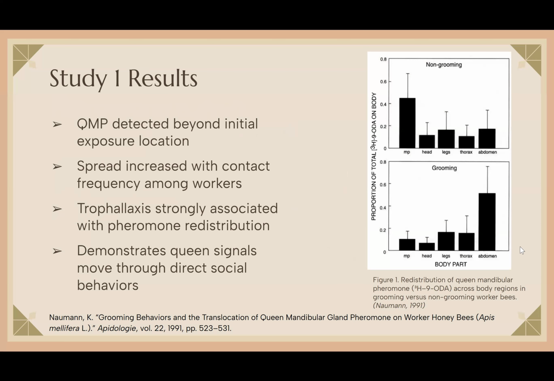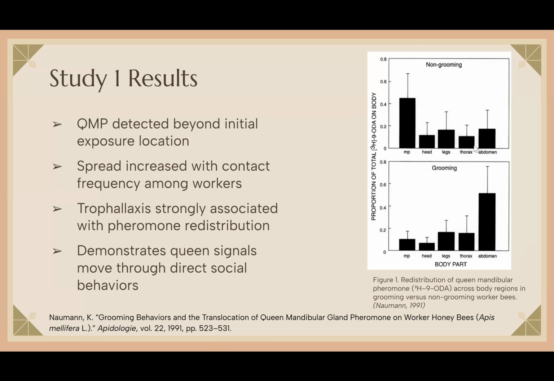Results showed that QMP spread far beyond the original exposure site, demonstrating that its movement depends heavily on social interactions. The more the bees engage in contact-based behaviors, especially trophallaxis, the more widely the pheromone became distributed. This confirmed that physical transfer is a key mechanism for queen pheromone distribution.